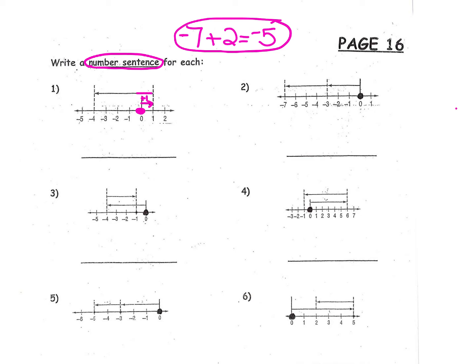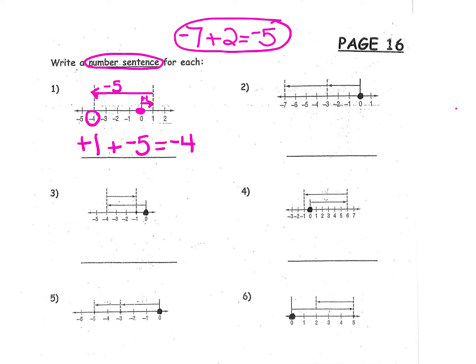Our second vector goes back 5 units to the left. That's a loss of 5 or a negative 5. And circle negative 4 where the arrow ends up. That represents our final answer. So we would write positive 1 plus negative 5, that's our second vector or addend, equals a circled answer of negative 4.